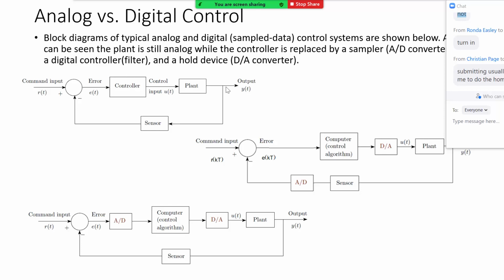I can take the measurement of the output, the speed of the car, the height of the elevator, the temperature of the room, whatever value I'm trying to control, and compare it to my command signal where I want it to be. If they do not match, I get an error signal. Now I can take this error signal and apply it directly to the plant.